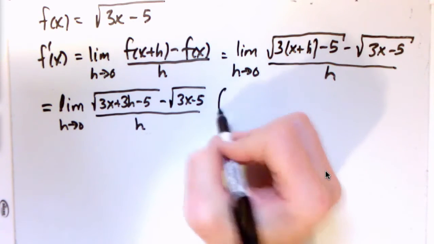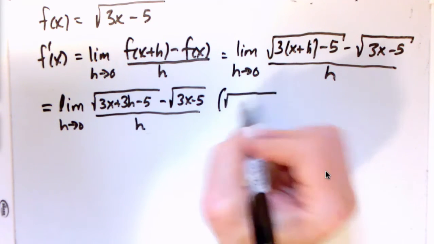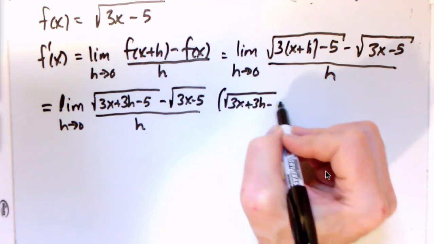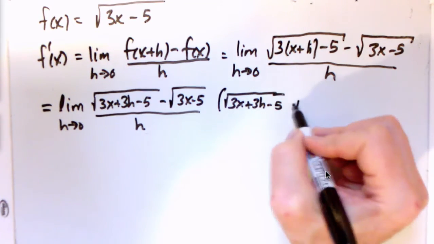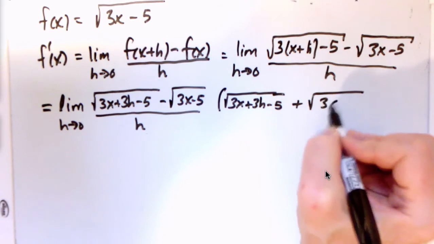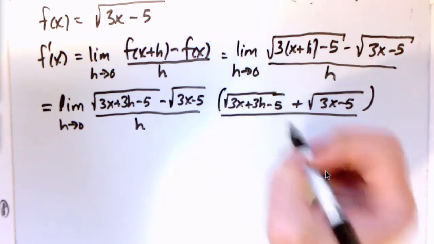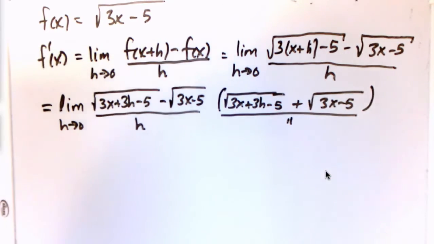As you practice multiplying by the conjugate, you can often skip the step of writing it down and jump to the conclusion. I won't do that here, to be clear. And the denominator is identical, because we're multiplying by the quantity 1.